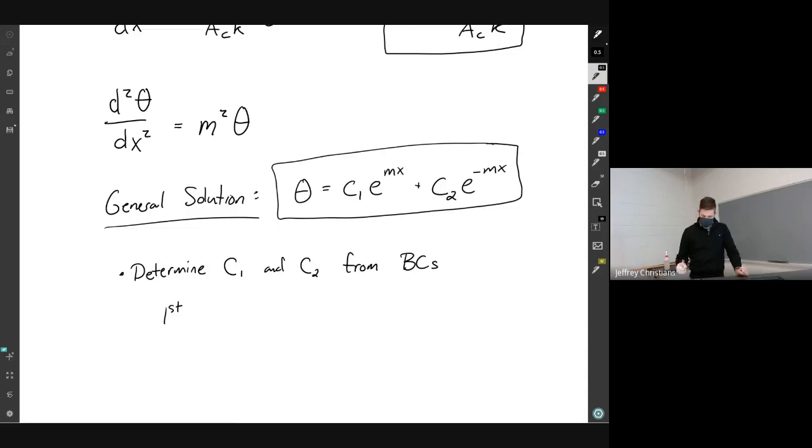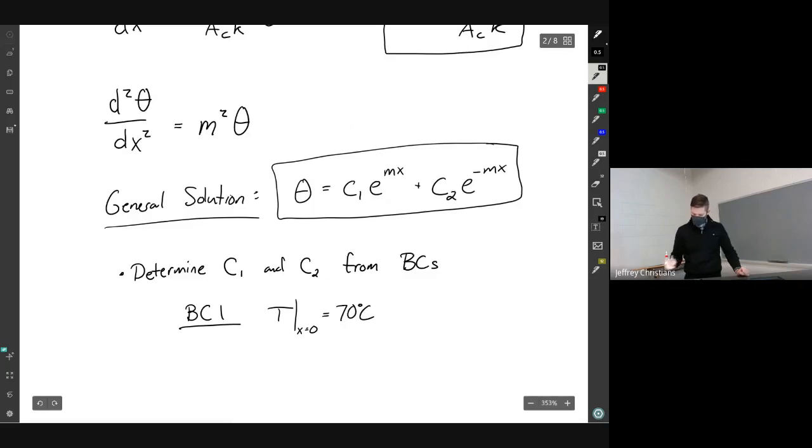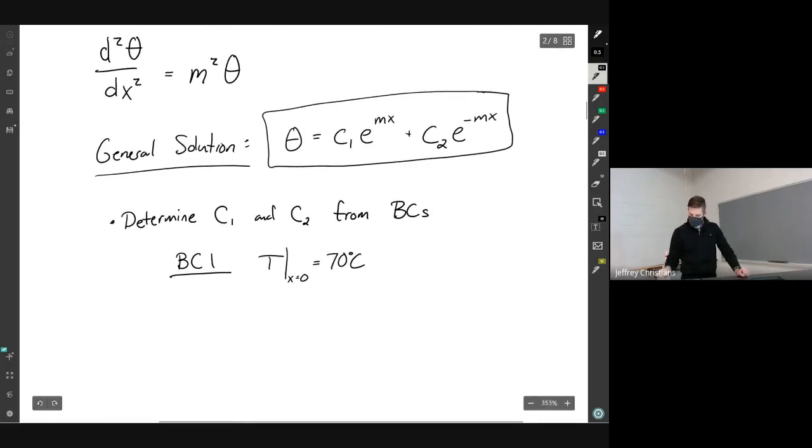Boundary condition 1, BC1, was T at x equals 0 equals 70 degrees C. This gets changed because we changed from temperature to theta.